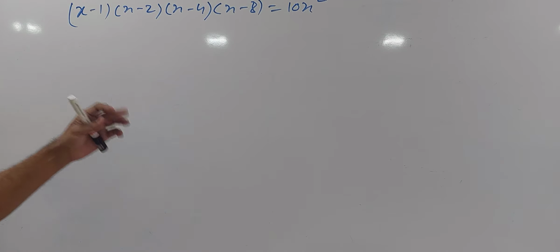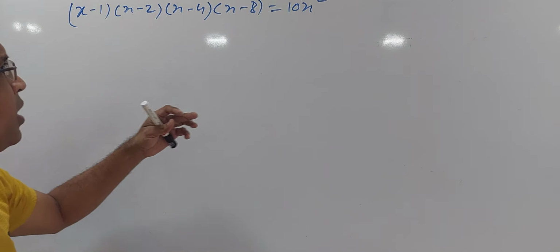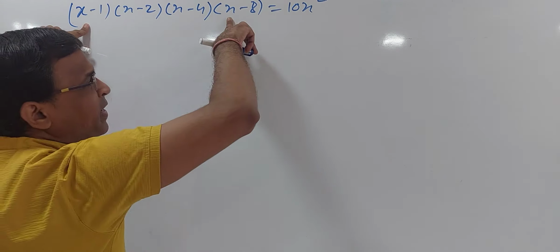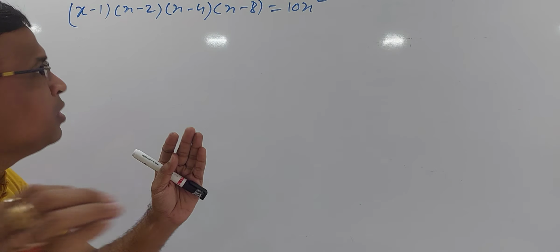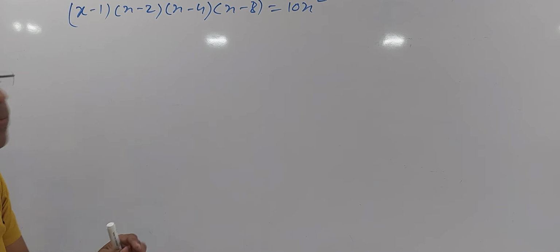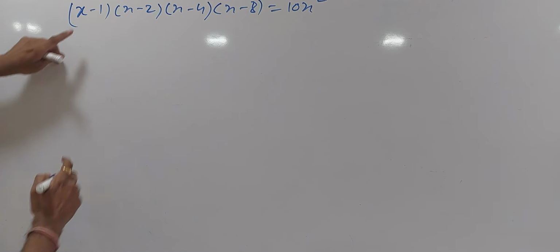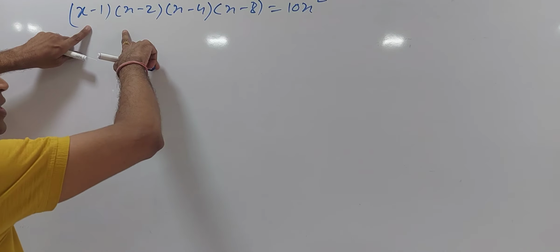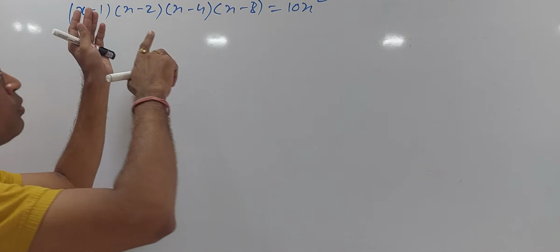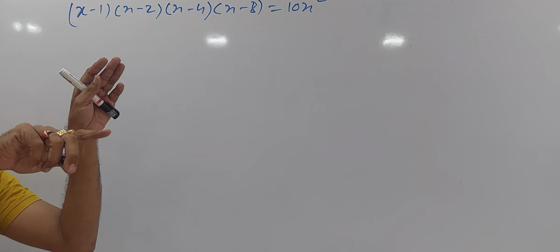You should have a habit of solving such questions by picking up two brackets in such a way that we get something common. Fine, so let us try that approach. But see here, if you pick up any two brackets, you will not get the x square term and the x term common.